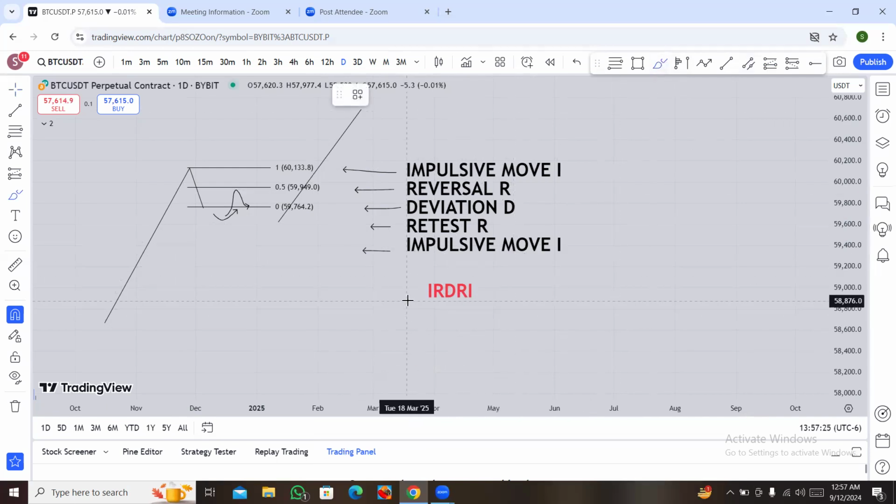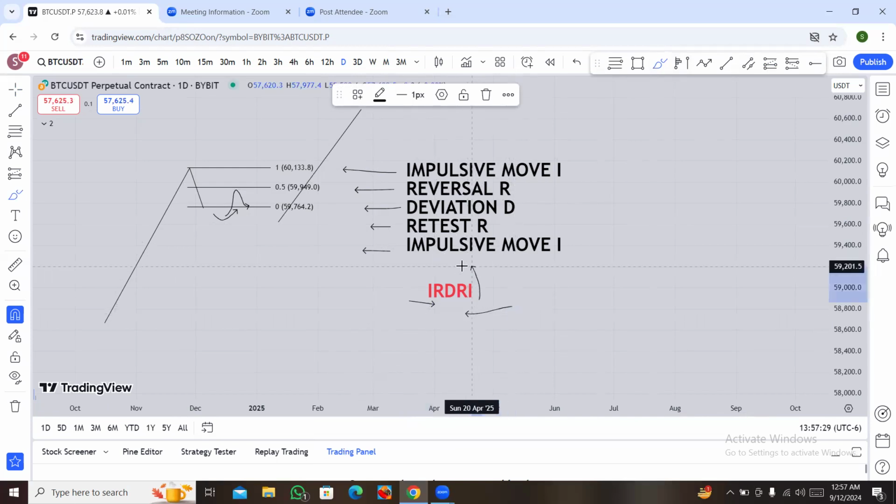If you read it from this side or this side, whichever side you decide, it will be the same. So for IRDRI, I gave you the whole analysis and showed you on a real chart as well. I showed you and told you how to do it. Now it is your turn to practice it and go with it.